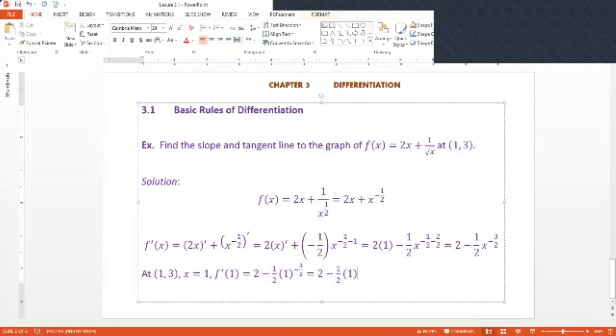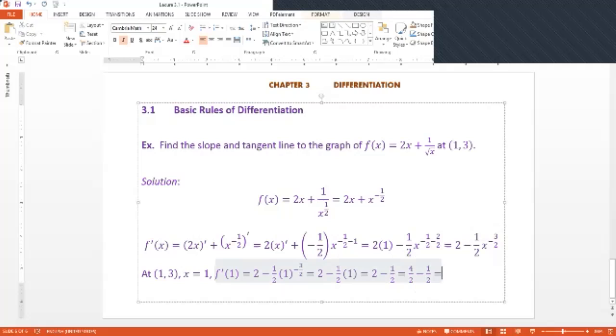So that's 2 minus half. Once again, when you subtract, we need to rewrite 2 as 4/2. You need to use the same denominator when you do addition or subtraction of fractions.